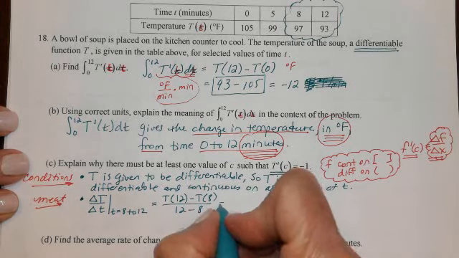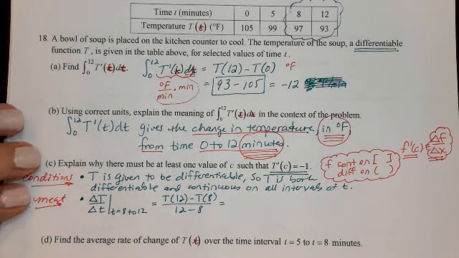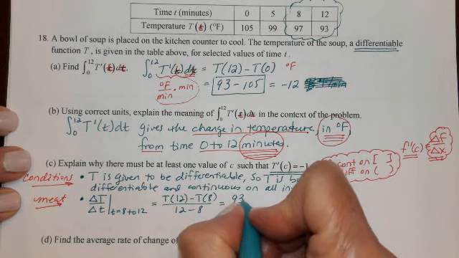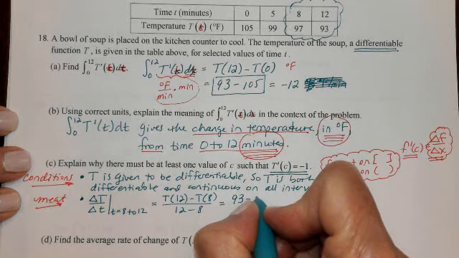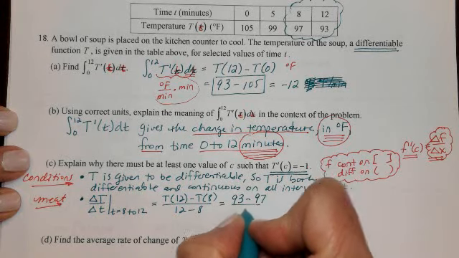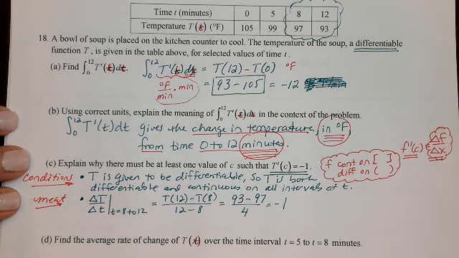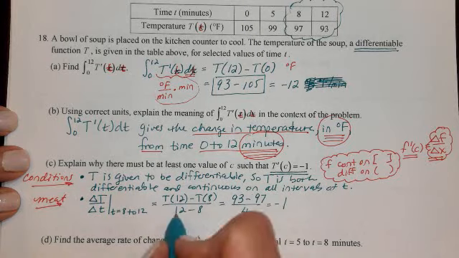Otherwise, you're going to be putting values down here and you're not saying where they came from. T of 12 is 93. T of 8 is 97. So this is -1. So you want to show that step. This is your meet step. This is the part that you need to show right here.